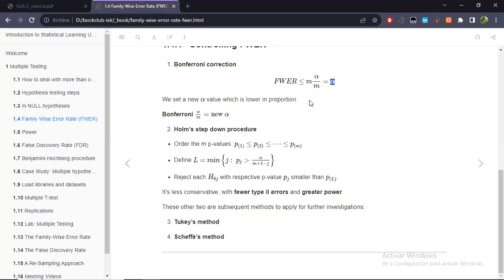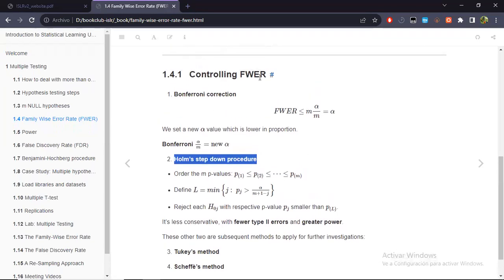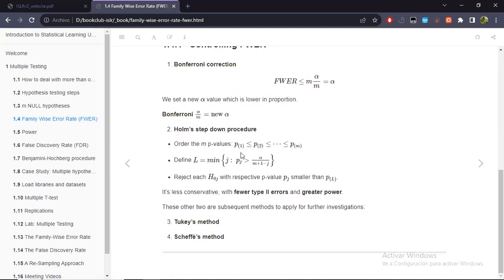That is, we can get a better balance of not having too many false positives, but still not missing some hidden pattern in the data that we had enough evidence to declare, but we didn't. That is, also have a smaller number of type 2 errors or failed discoveries, let's call them. And in that sense, this other method for controlling the family-wise error rate comes in handy.